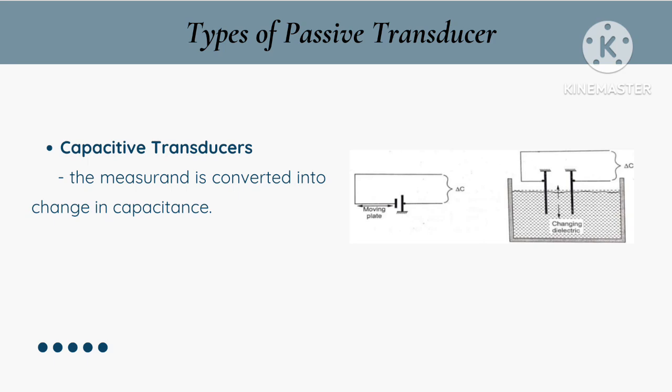Its principle is that capacitance changes with displacement, pressure, or dielectric changes. An example is the displacement sensor, which measures small changes in distance between capacitor plates. Also, the pressure sensor uses diaphragm deflection to alter capacitance.